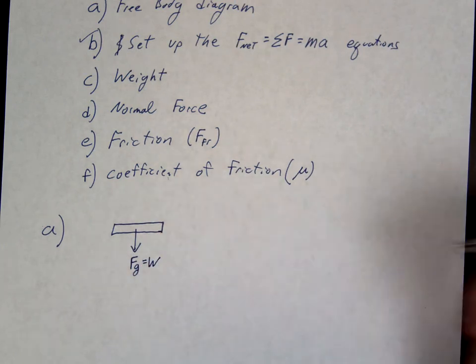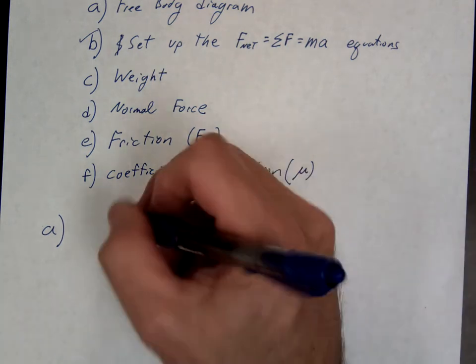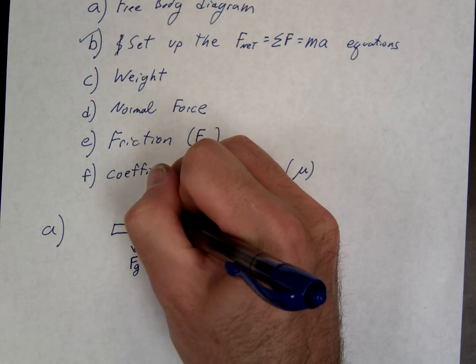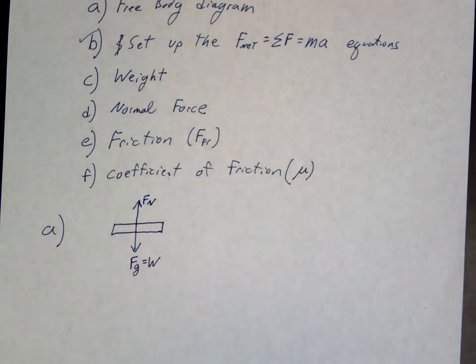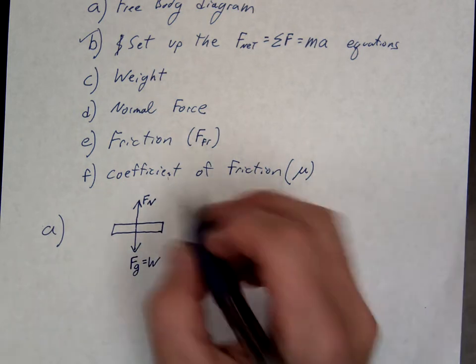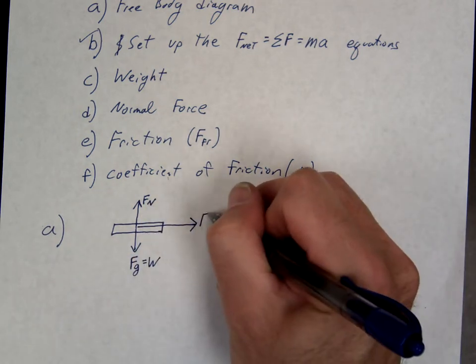Weight. The weight. Yeah. So they're the same thing. Anything else? The normal force. This is the table pushing back up. The pushing force, right? So however you're pushing, sometimes we just call this an applied force.